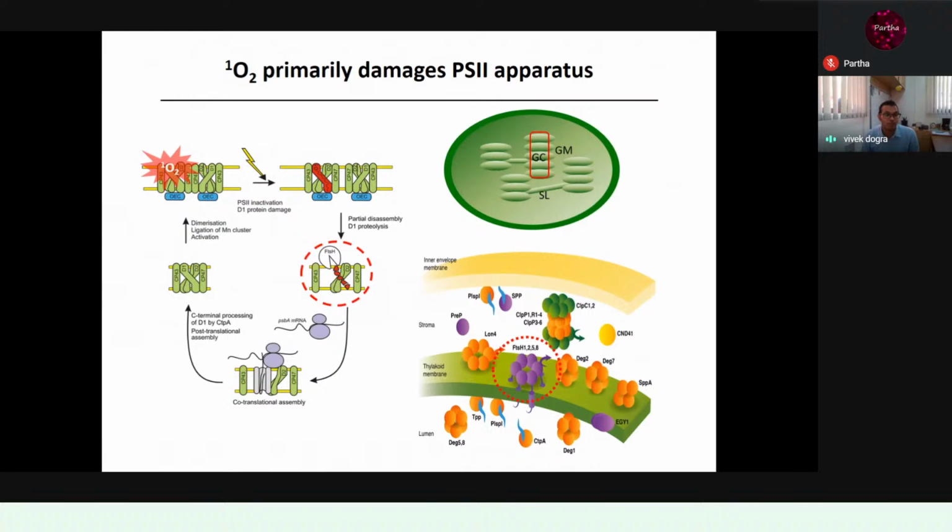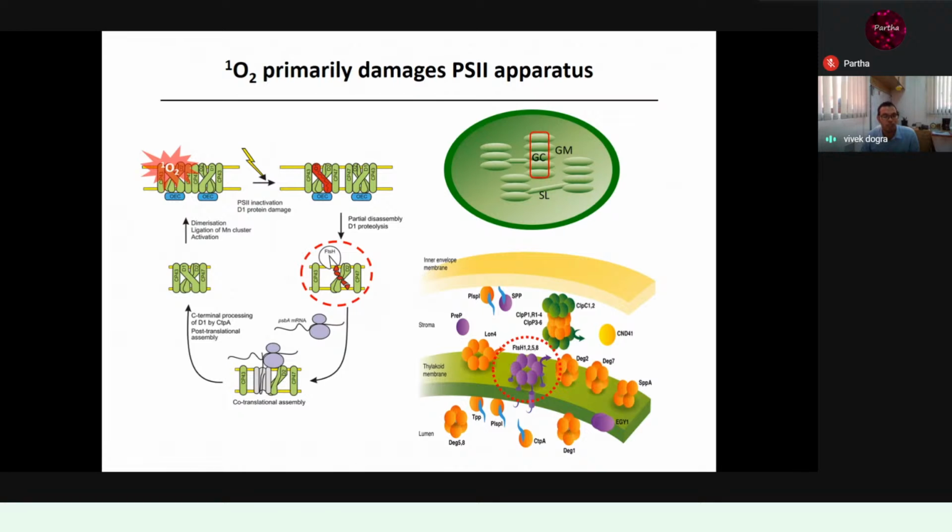So as I told you, when this ROS accumulates, it will primarily damage the molecules in the vicinity, and those molecules include photosystem 2 proteins. So singlet oxygen is generated close to photosystem 2, and it actually targets photosystem 2 proteins themselves. Because of this, the photosystem 2 proteins, which have the function to transfer electrons to photosystem 1, are attacked by this ROS and they become inactive.